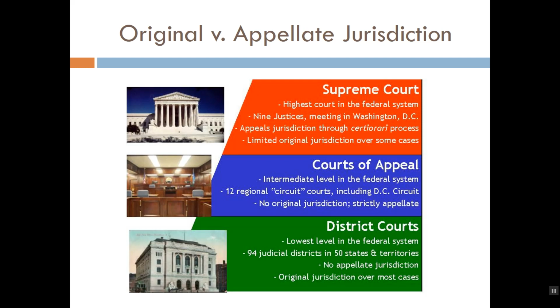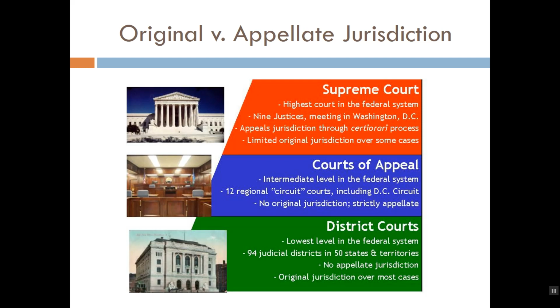The Supreme Court is at the top of this three-tiered hierarchy, as we've already established. But there's one peculiar characteristic that you ought to understand, and that's quite simply this. The Supreme Court of the United States, or SCOTUS, is the only court in our country at the federal level which has both original and appellate jurisdiction. That means that in certain cases it can issue an initial ruling, but that's relatively rare.